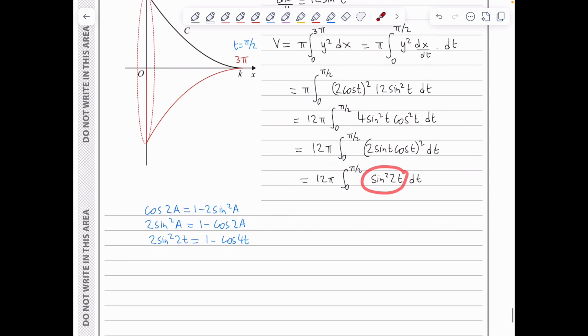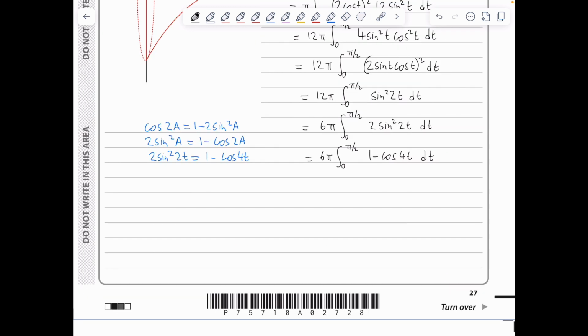So what I will do, I will write 12 as 6 times 2 and get the 2 within the integral. So it's 6 pi, the integral from 0 up to pi over 2 of 2 sine squared 2t dt. So this is 6 pi, the integral from 0 up to pi over 2 of 1 minus cos 4t dt.